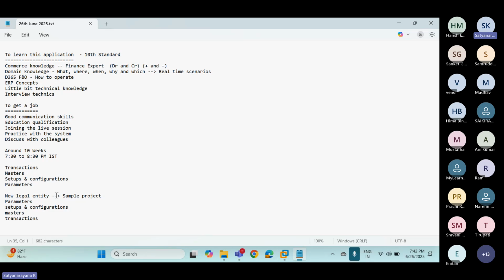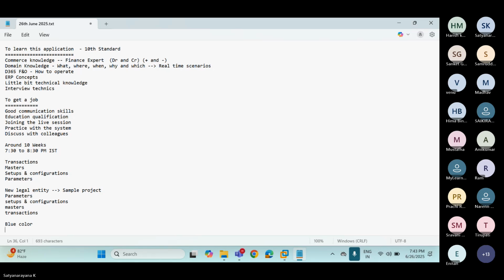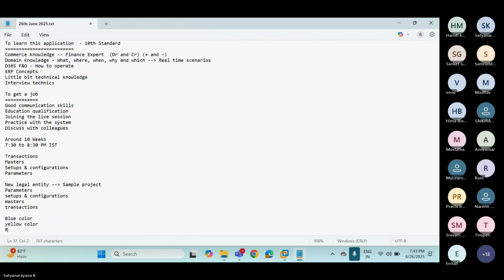Okay, and you are going to learn blue color, yellow color, and red color. Blue color means whenever you are doing any transaction, it is successfully completed.